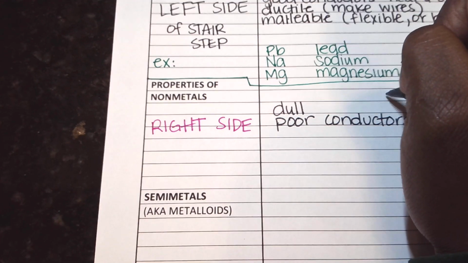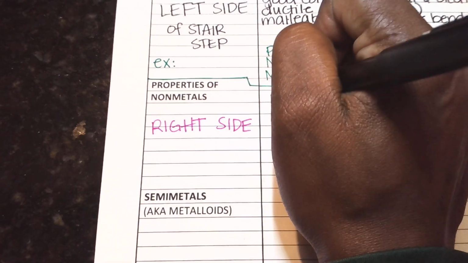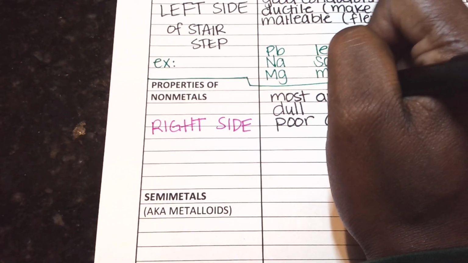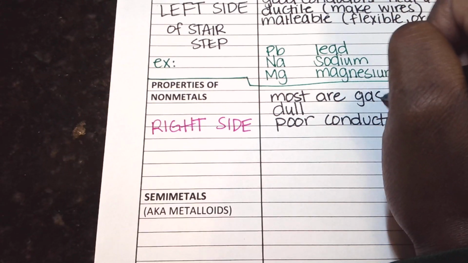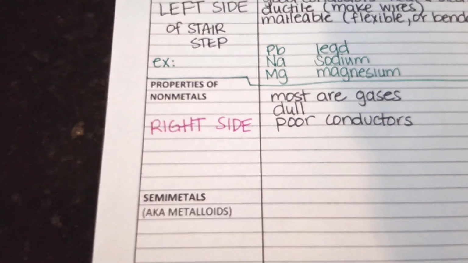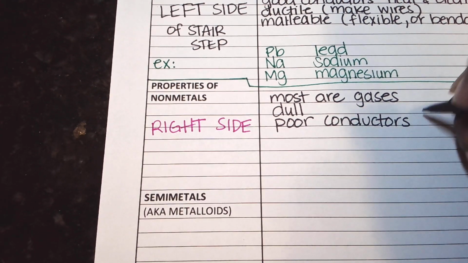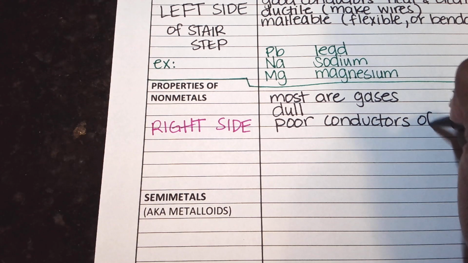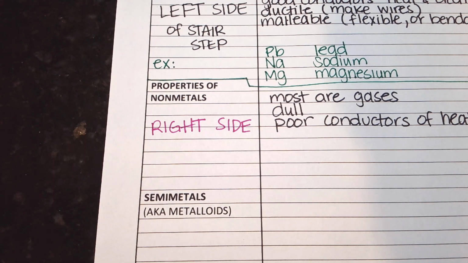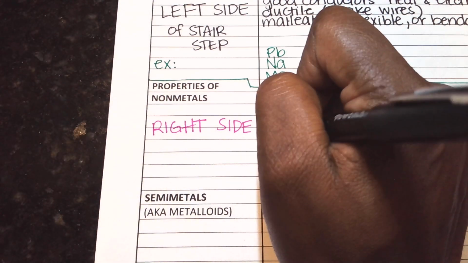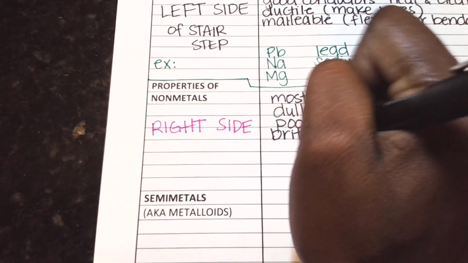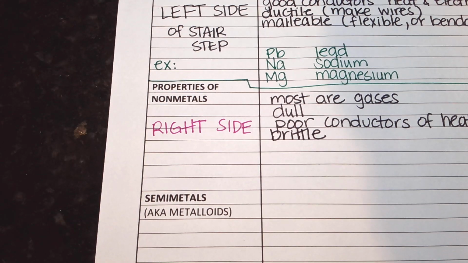Most are gases. But those that are not gases tend to be dull. They're poor conductors of heat and electricity. The solids are brittle. They won't bend. You can't make wires out of them. They'll just shatter.